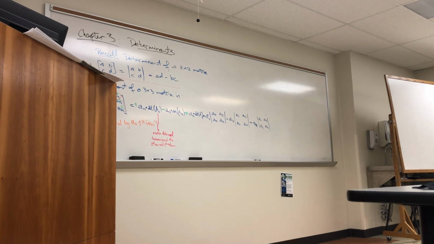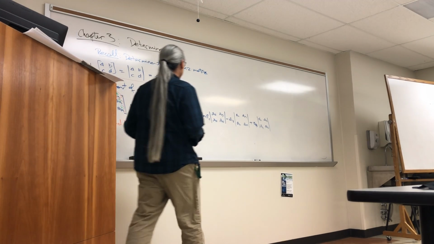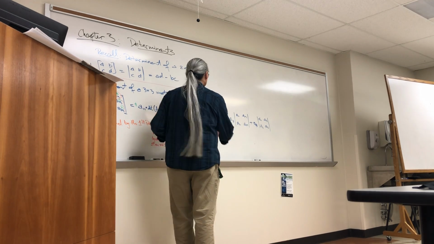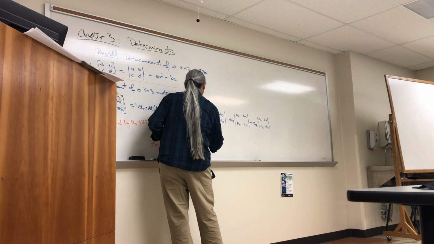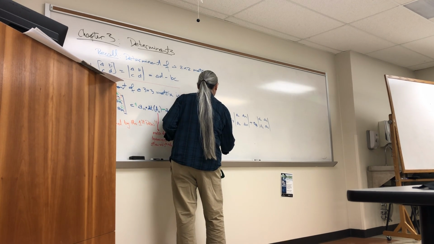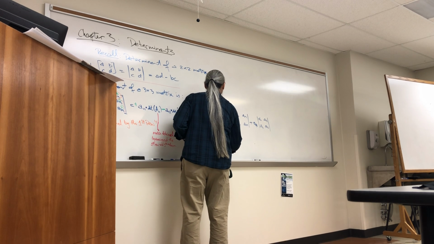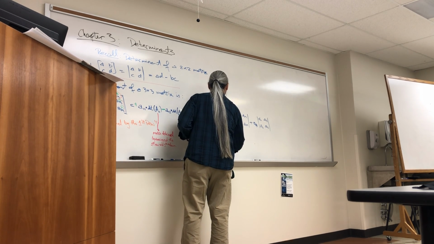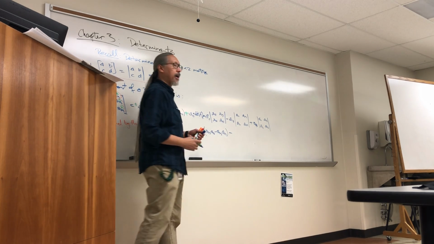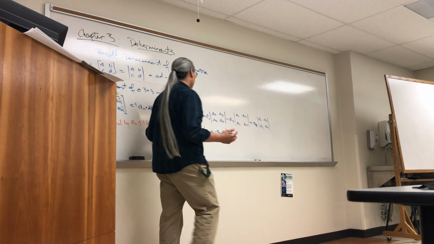So this is a formula that you probably don't want to memorize, but if you're good at memorizing formulas, why not? So this is going to be A22, A33 minus A32, A23. And then just expand each of those, and then you got yourself a formula.